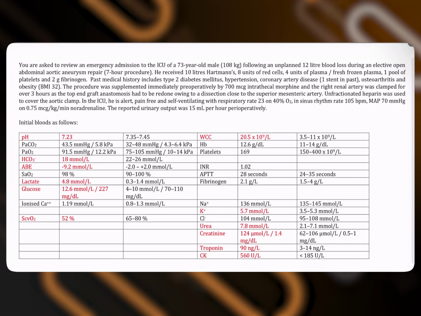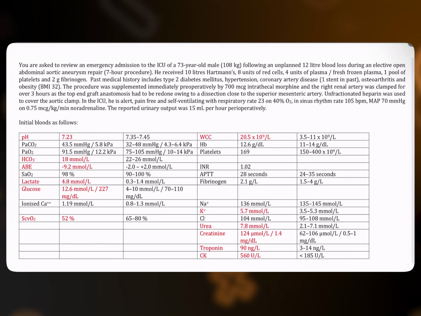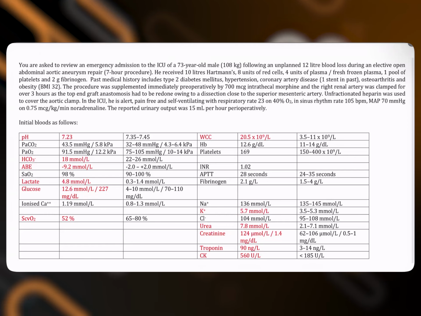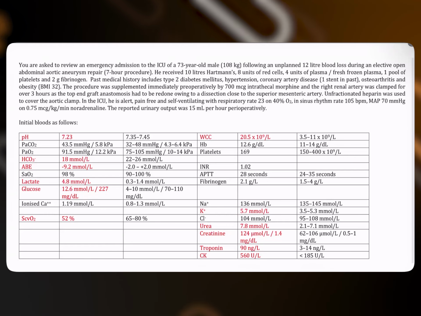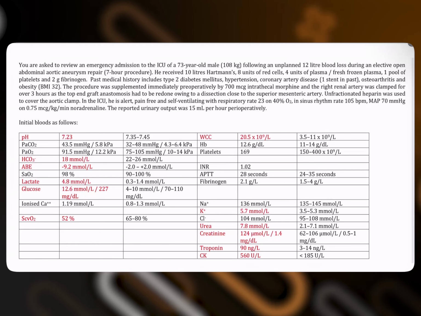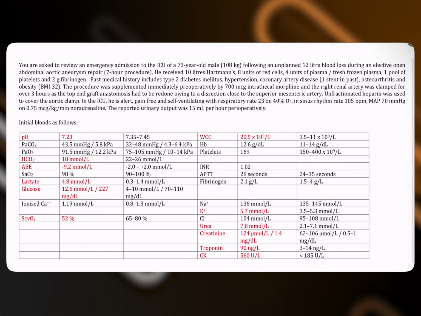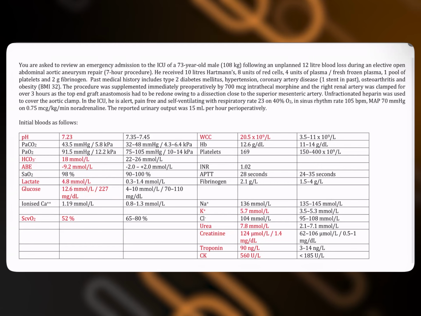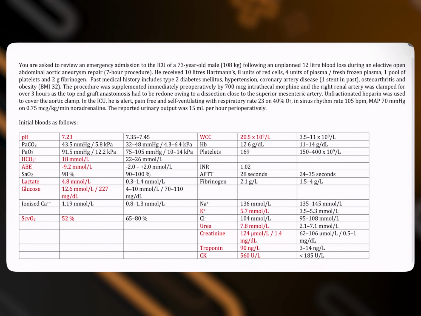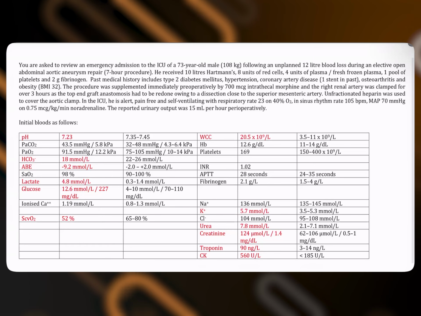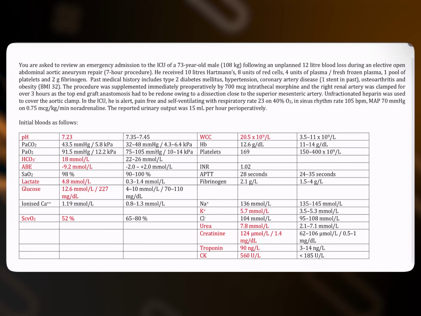This is the usual ABG interpretation. And you also have to look out for the blood values that have been given, whether there is any hyperkalemia, whether any AKI, whether there is any features of myoglobinuria, any features of cardiac enzyme rise, any features of DIC, low platelets, sepsis, blood loss, these type of things.